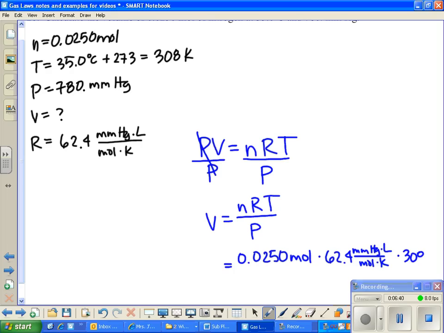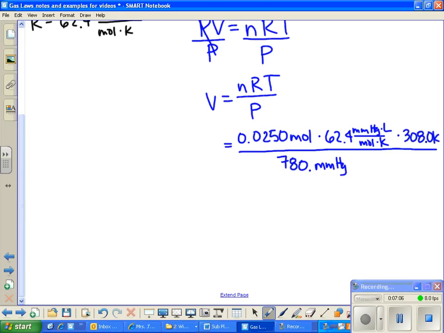And it really should be 308.0 Kelvin, because we could say the 273 is exact. We should keep that sig dig, that 0.0 after it. And this is all divided by the pressure of 780 millimeters of mercury.